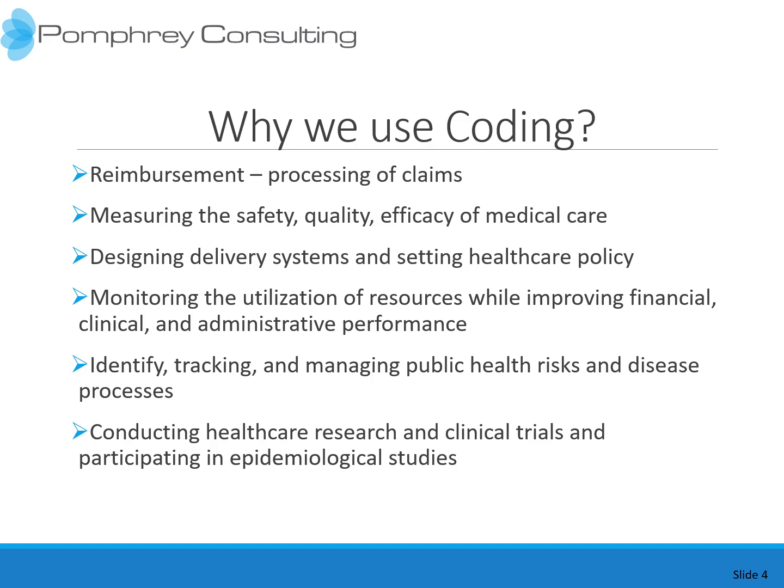So when it comes to designing or developing new delivery systems or setting healthcare policy, those codes are the universal way all healthcare organizations and providers are able to use that information to make a difference when it comes to the patient's quality of care.